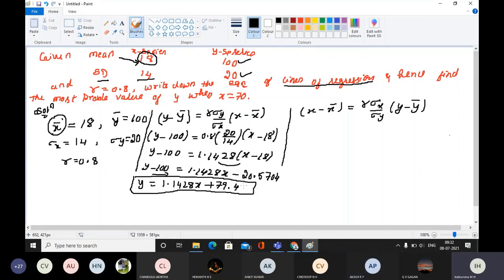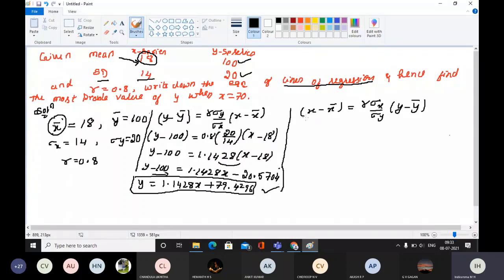So this is the first regression line that we obtained for the given data.